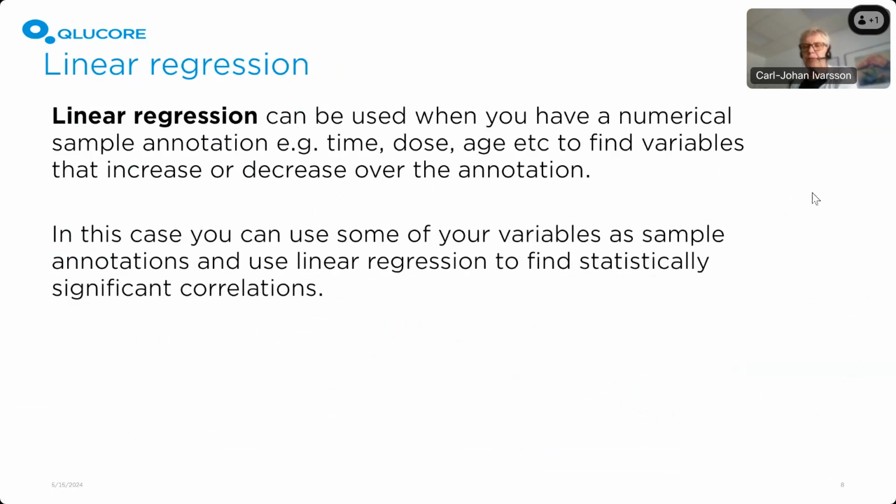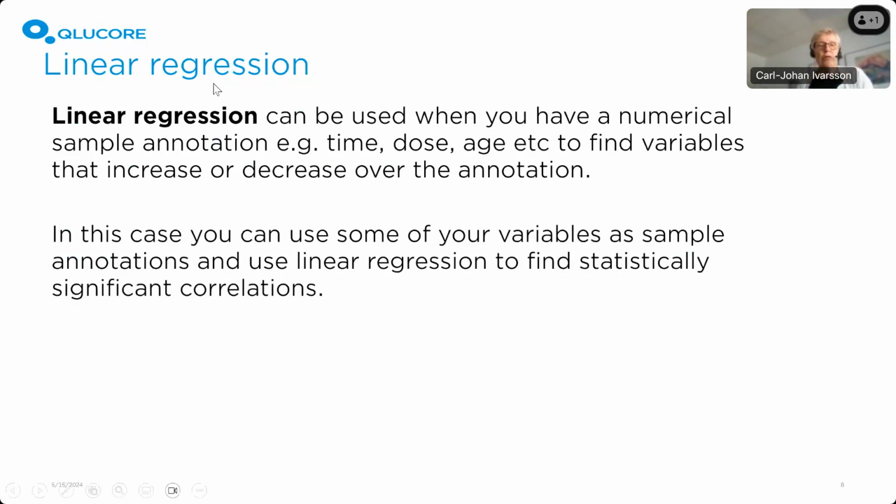Nope, good. Okay, so now we are going to move over and also include a statistical test, because just because variables are correlated, it does not necessarily mean that it's statistically significant.